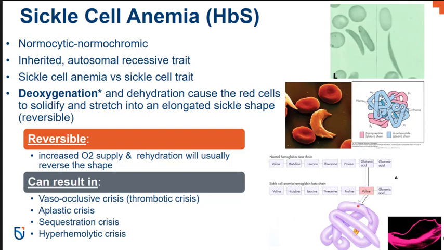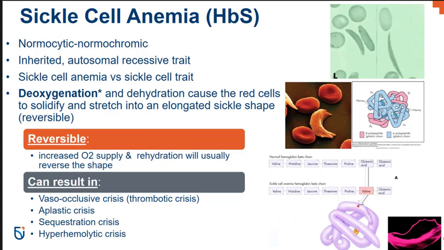With sequestration crisis, this is where large amounts of blood can become pooled in organs such as the liver and the spleen. So you can think of with sequestration crisis that the red blood cells that are sickled can get all stuck and cause this almost congestion within the spleen and within the liver, causing those organs themselves to not function properly.